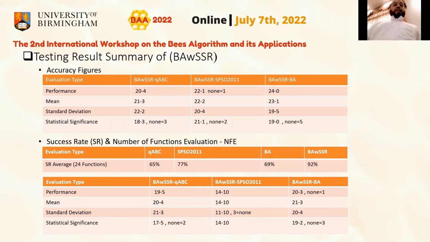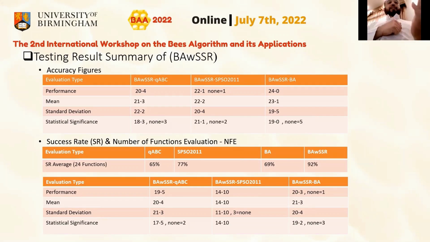The mean and standard deviation also reflect the stability of the performance, how stable the performance of the proposed algorithm is. The statistical significance shows how statistically significant the results obtained by the proposed algorithm are in all 24 benchmark functions.